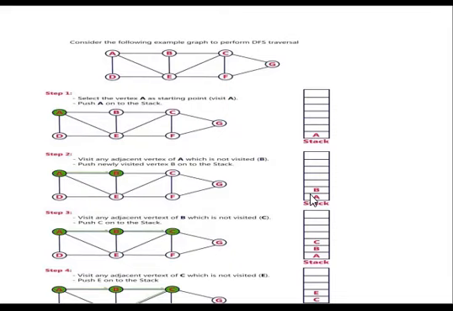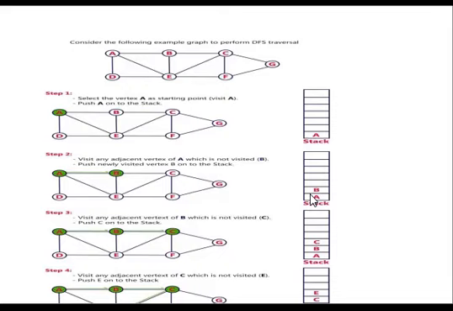And step 3, from B, we can visit any adjacent vertex which is not visited; C is one not visited for B. So we push C into the stack, because we follow depth first search traversal. So from the source node we search deeply and put the vertices into the stack.